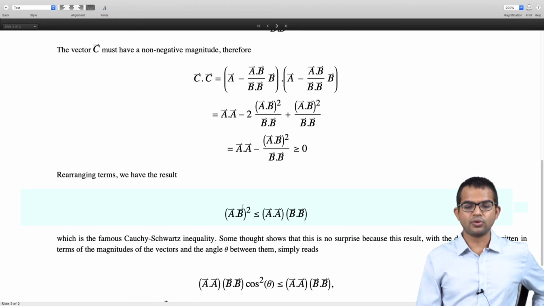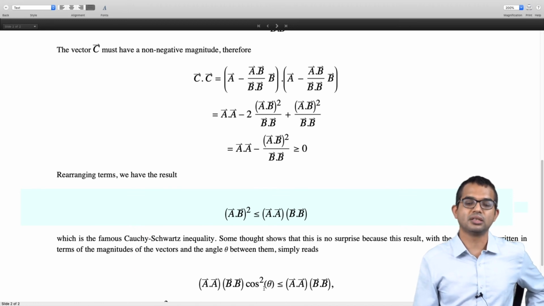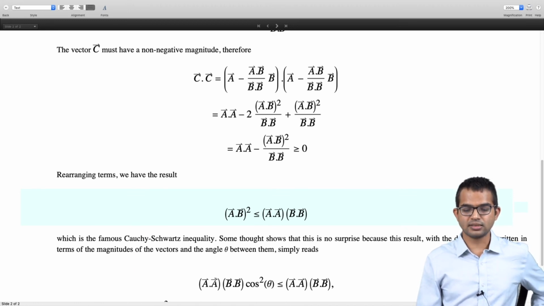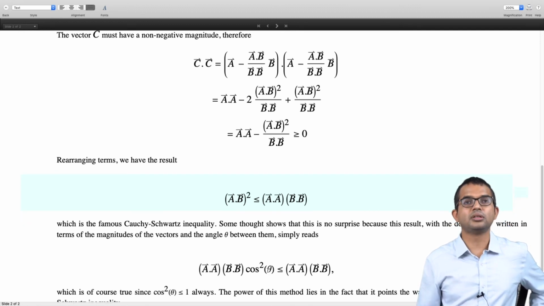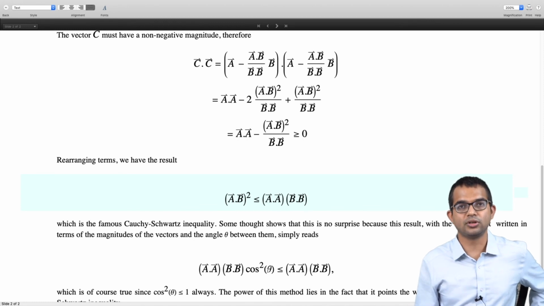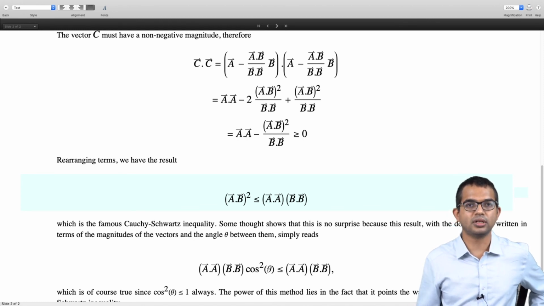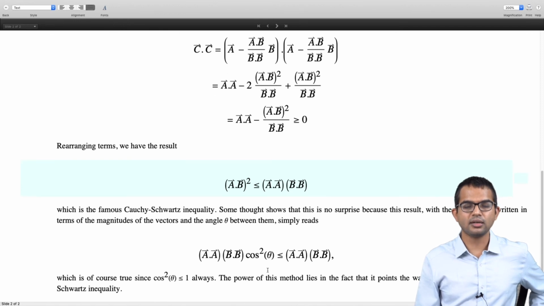So the square of A dot B is just A dot A times B dot B times cosine squared of theta, right? So all we are saying is that A dot A times B dot B times cosine squared is less than or equal to A dot A times B dot B, which is certainly true, right? Because cosine squared theta is going to be less than or equal to 1. This is how cosine works, and so in fact this is no surprise at all.